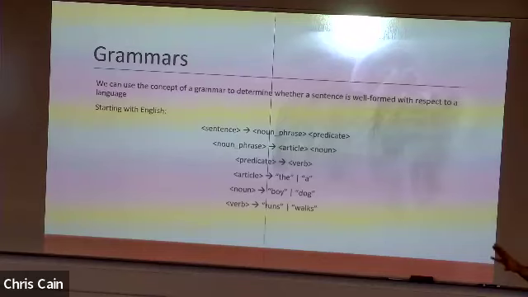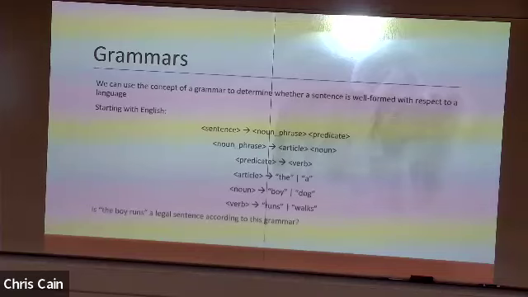So taken together, all of these rules define what is or is not legal in this incredibly simplistic view of the English language. So think about how this grammar is formed. Think about the sentences that could be formed with this grammar. And is "the boy runs" an example of something that would be acceptable in this grammar?